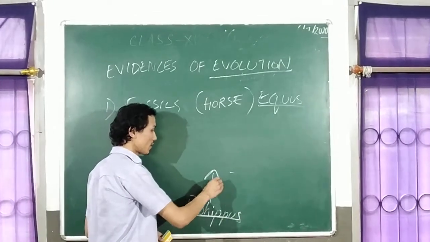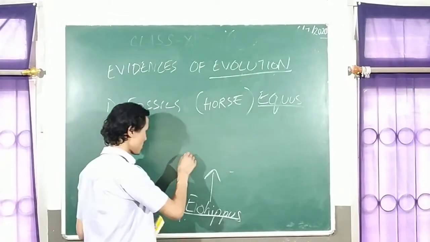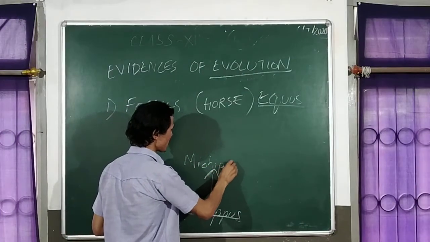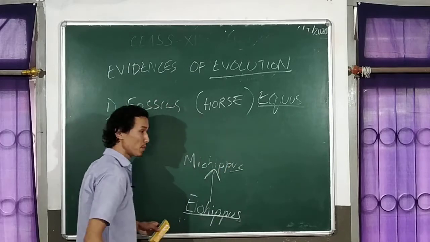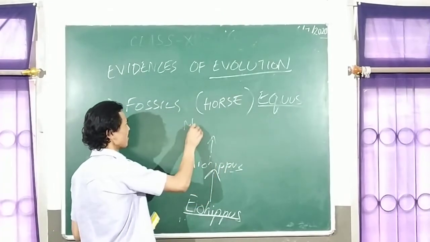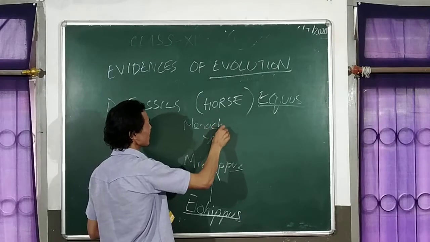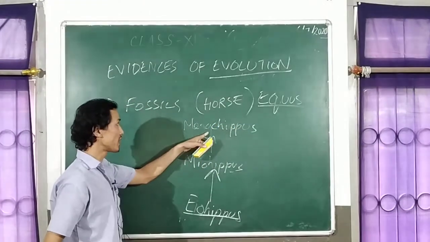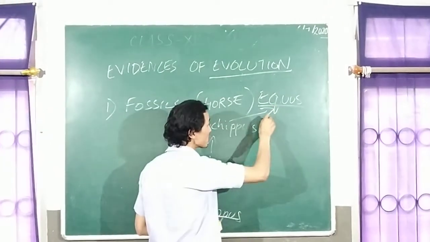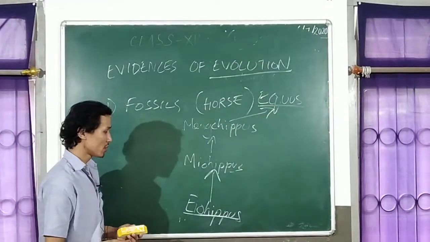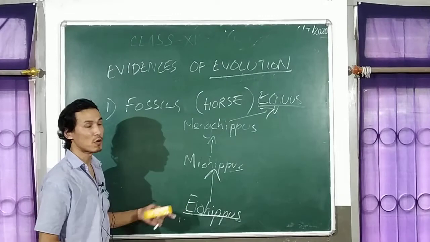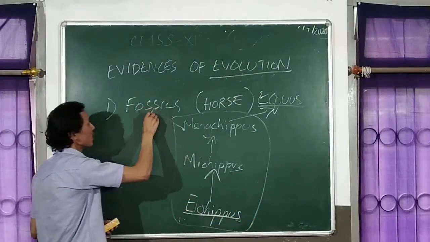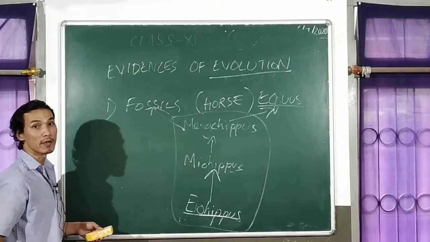Eohippus further underwent a change called Mesohippus, and from Mesohippus, Merychippus, and from Merychippus to the present modern day horse, that is Equus. When we are studying the evolution of horse, up to here we only have fossil records.